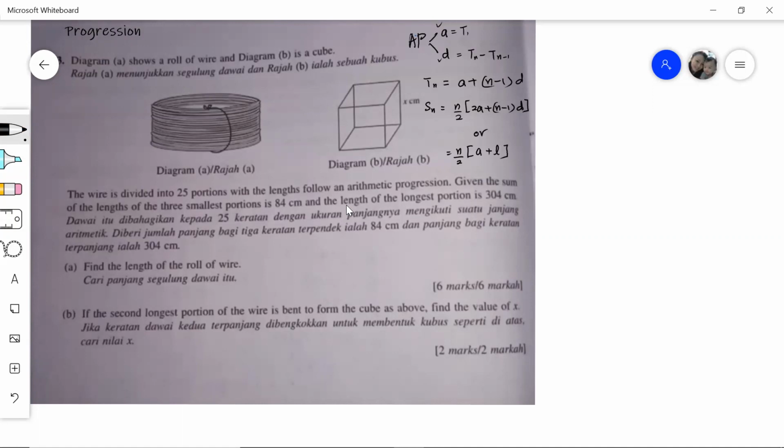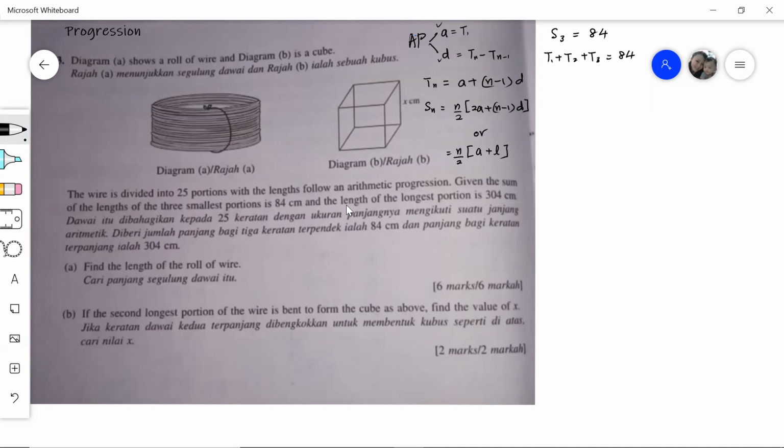So with this, let's move on to see what information we have. Given the sum of the length of the three smallest portions, let the small portions be our initial terms. That means the first three smallest portions. You can use S3 = 84, or you may use T1 + T2 + T3 = 84, up to you.